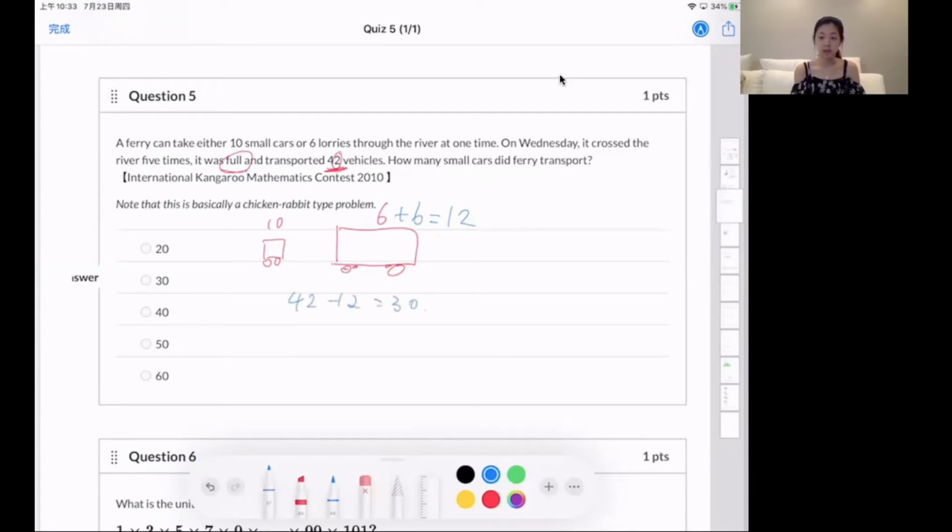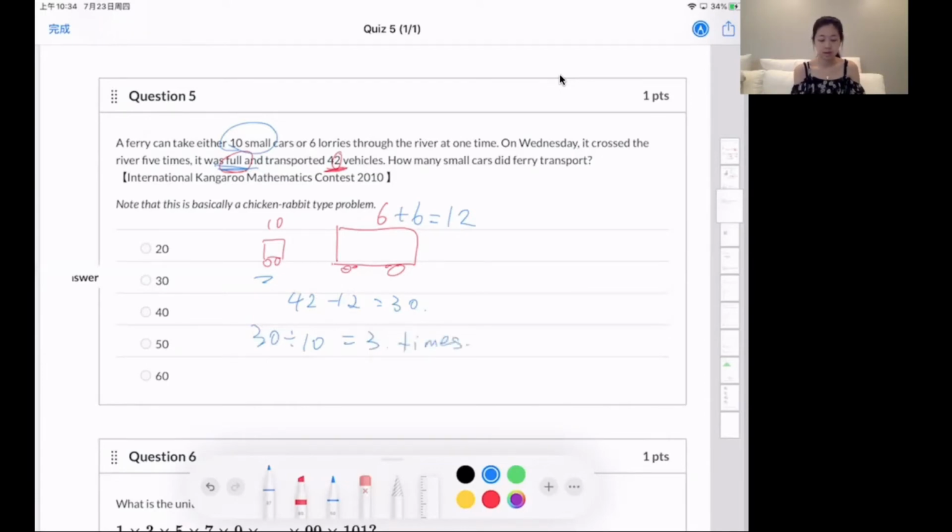If it's 30, and it says 4 again, right? If it's 4, we can use 10 small cars, which is 3 times, right?